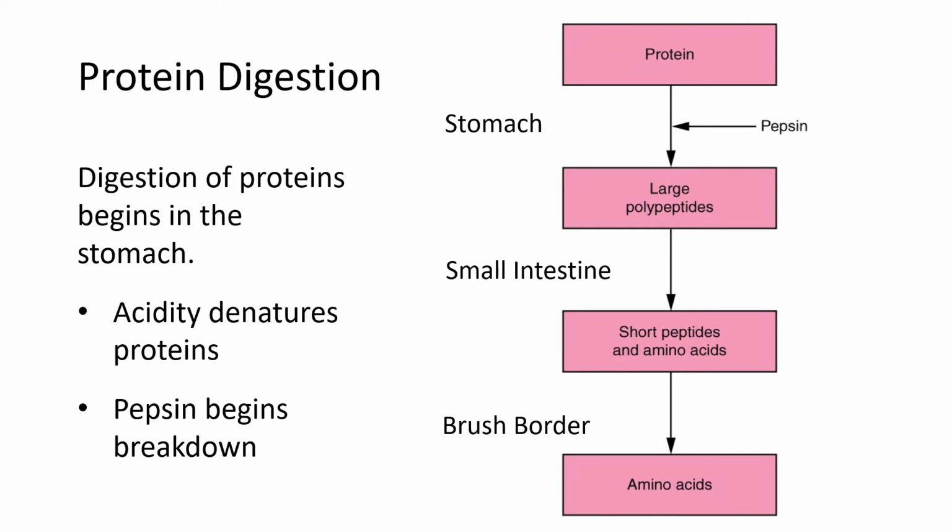Those smaller peptides are going to make their way to the small intestine, where they're going to be broken down into smaller and smaller bits. So in the small intestine, they're going to be broken down to peptides, which are short chains of amino acids, less than 20 amino acids in length. And then at the brush border, which is comprised of the microvilli of the lining of the intestine, those peptides are going to be broken down into individual amino acids that can then easily be taken in by the epithelium.